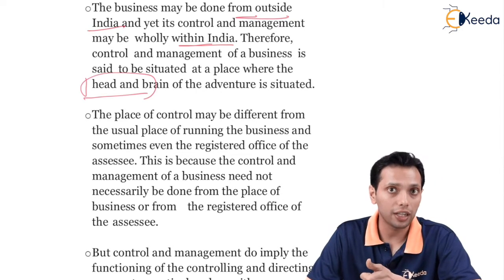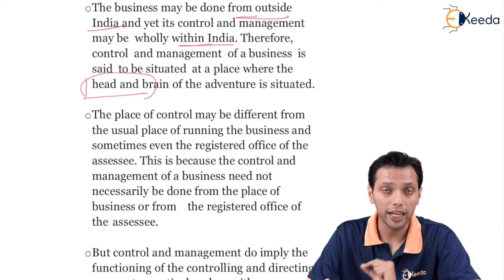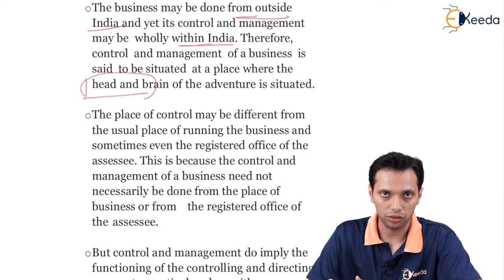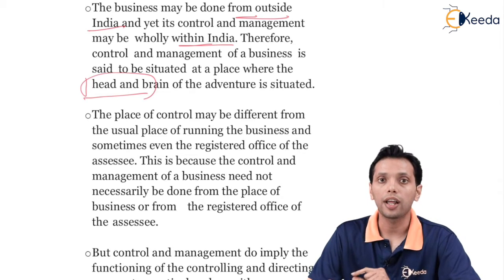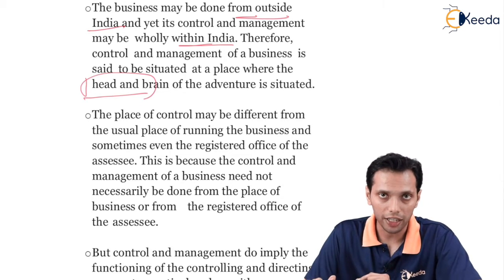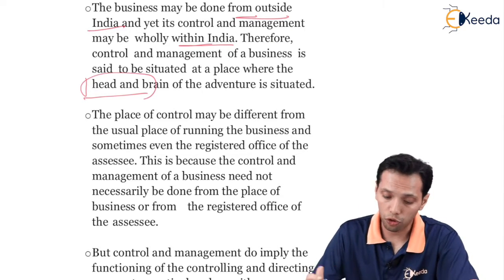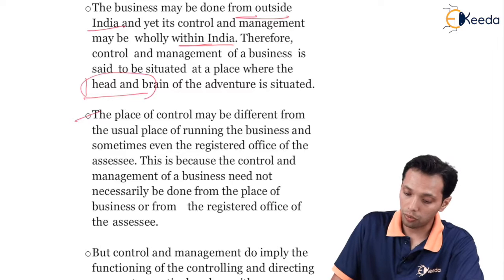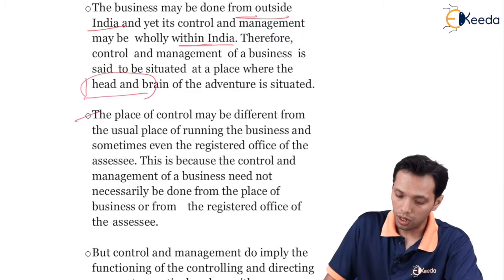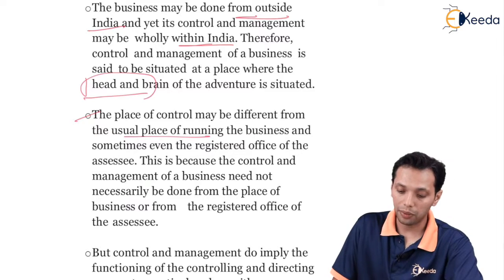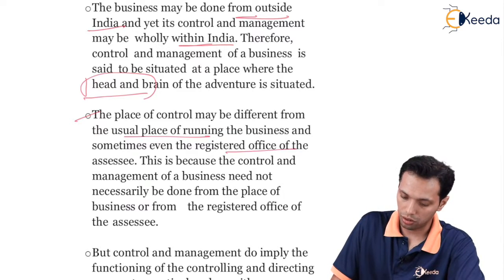of the adventure is situated, meaning where the effective decisions, the controlling or directing decisions, are taken is the relevant place for determining the control and management. Third point, the place of control may be different from the usual place of running the business and sometimes even the registered office.